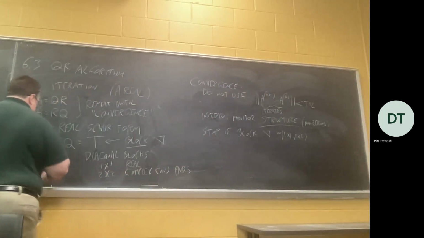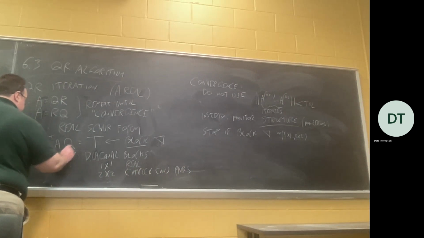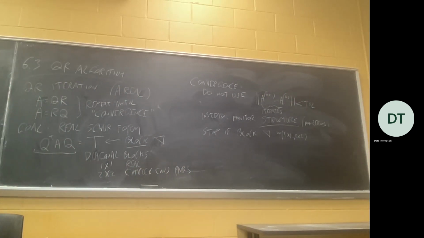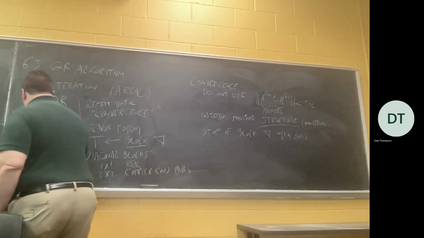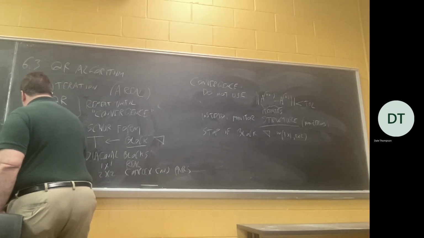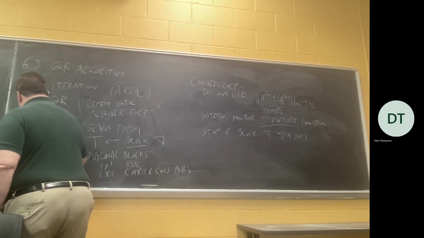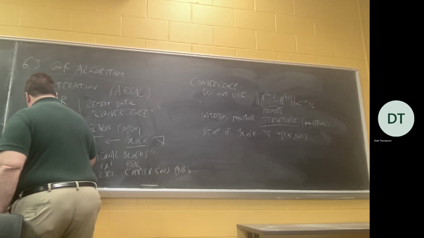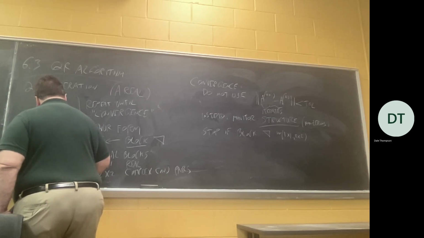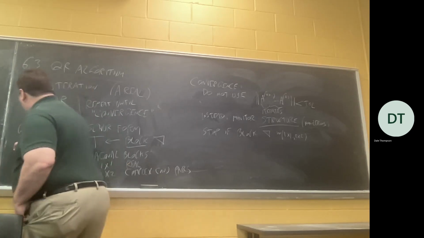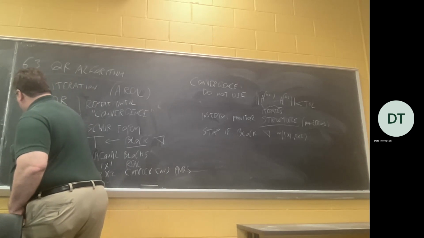And just to be on the record, this right here about computing Q transpose AQ is a similarity. This is an orthogonal similarity transformation, because Q is an orthogonal matrix.